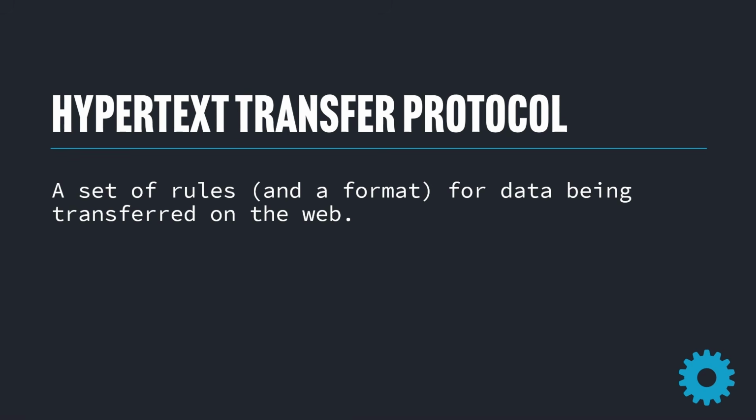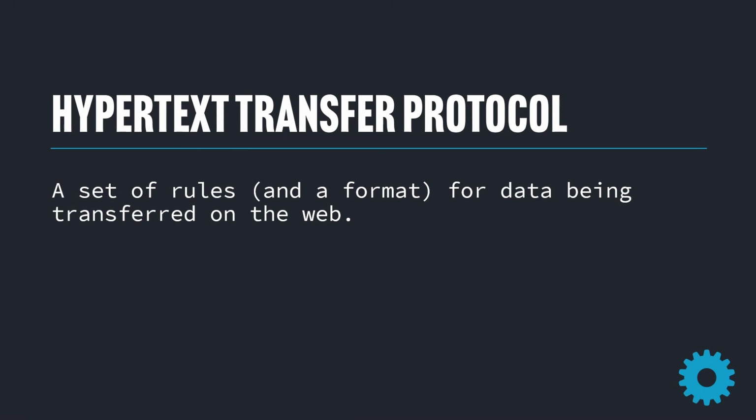That's a set of rules and really a format for data being transferred on the web. So when I make a request for something on the web, like a web page, and then the server gives me back the web page, there's a standardized way of doing that, a standardized format that both the browser and the server are coded to follow.